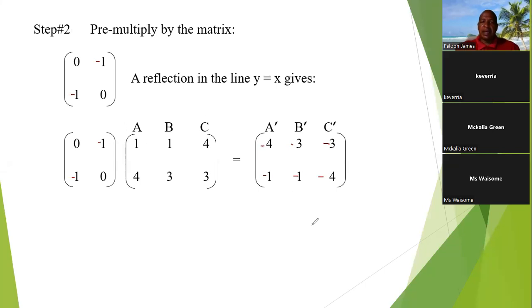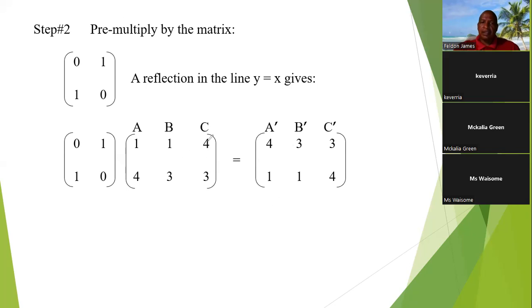All right, let me ask you some others so that you get the general idea. Suppose I say a rotation of 90 degrees. What would happen? Which matrix would you be using for a rotation of 90 degrees? 0, 1, minus 1, 0.